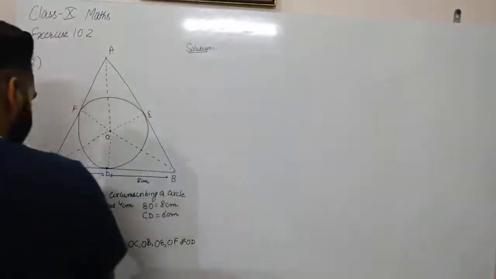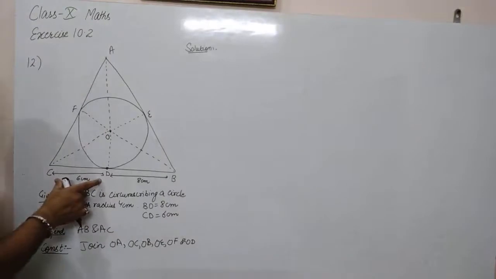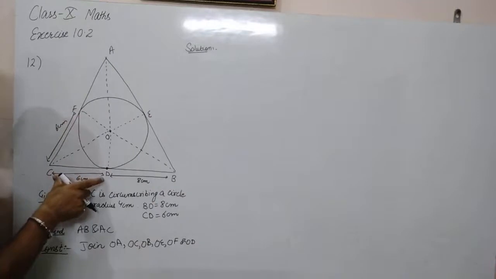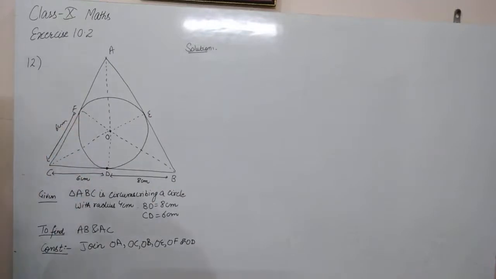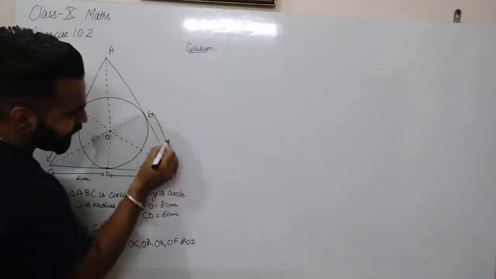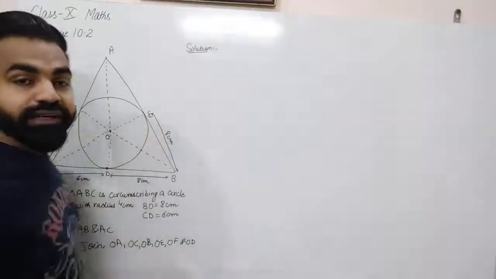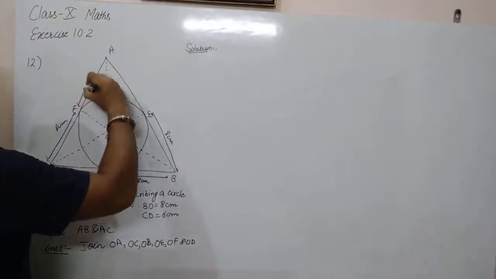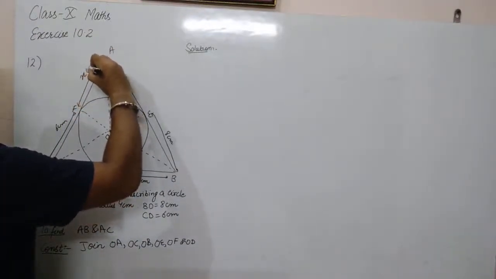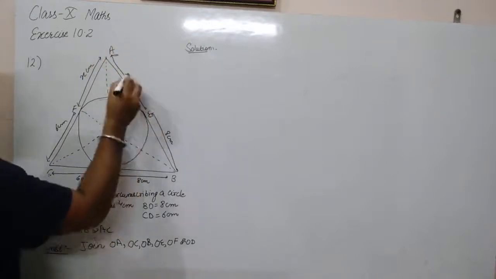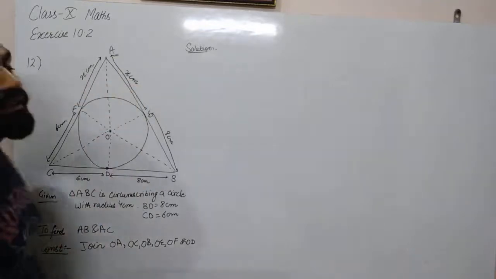So we can see that if this is 6 cm, then this will also be 6 cm because CD and CF are two tangents drawn from the same external point C. If BD is 8 centimeters, then this BE will also be equal to 8 centimeters, tangents drawn from the same point. So let us suppose this AF is equal to x centimeters, then this AE will also be equal to x centimeters.